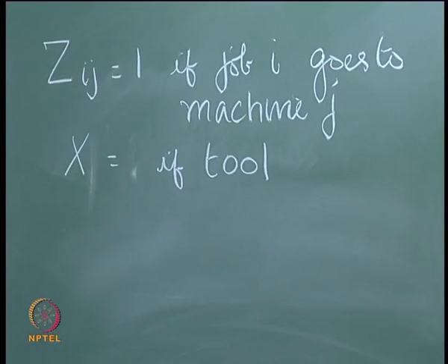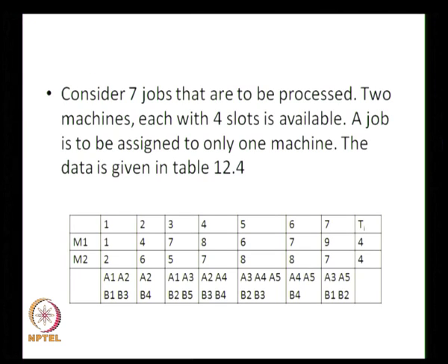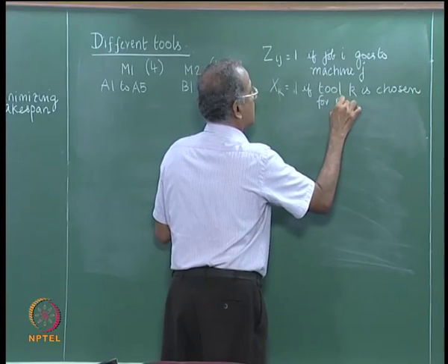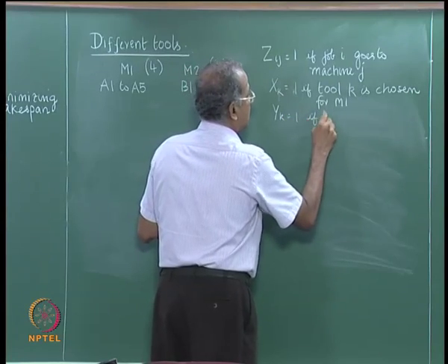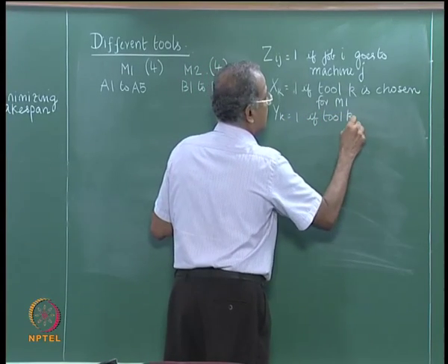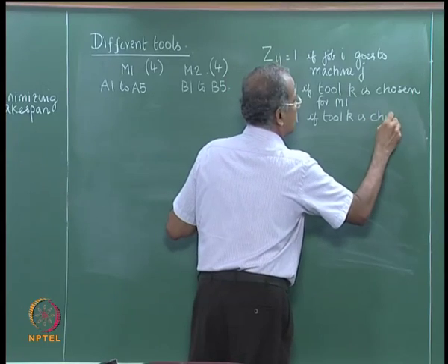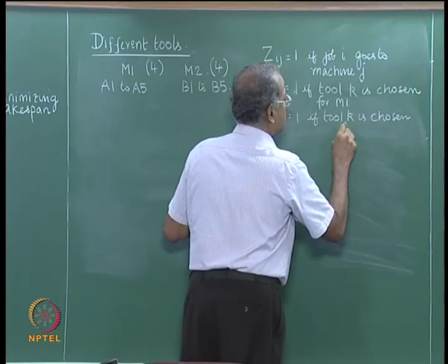So, here I am using a notation xk equal to 1 if tool k is chosen for M1 and yk equal to 1 if tool k is chosen for M2.